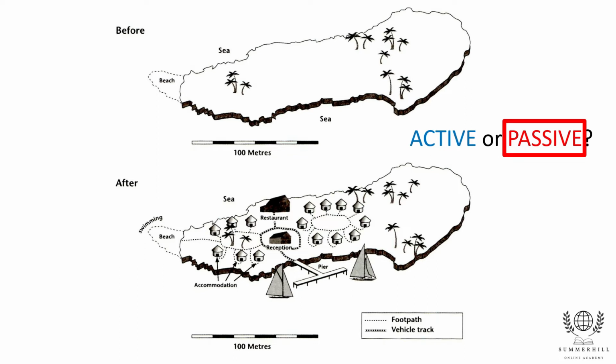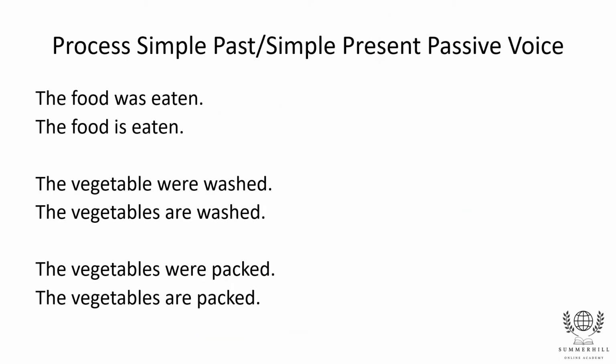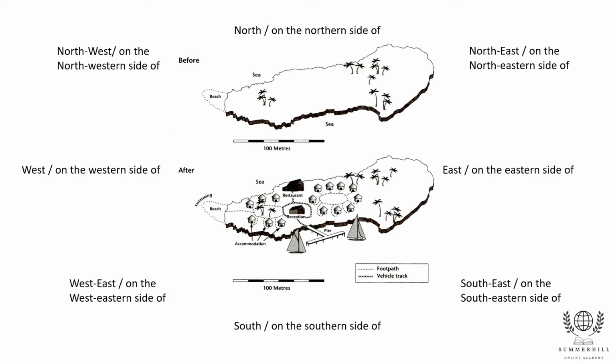We can see a clear before and after. So unlike the processes we saw before, we're not going to use simple present, right? We're going to use simple past. And again, we're going to use a passive voice, but in simple past, because presumably all the things happened in the past.